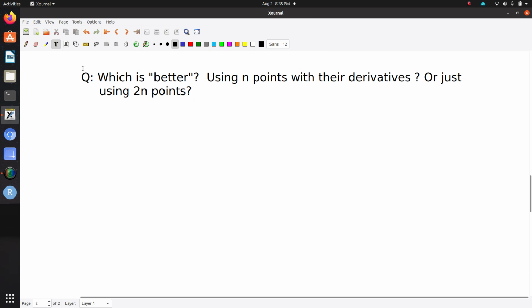I don't really have an answer for you, but it really depends on the situation, and there's many times where you'd like more control in fewer places. So if what you want is more control but in fewer places, then this is what you'd do. Now, polynomials wiggle a lot, so maybe just using 2n points isn't such a bad idea.